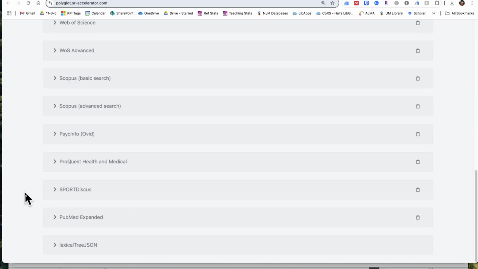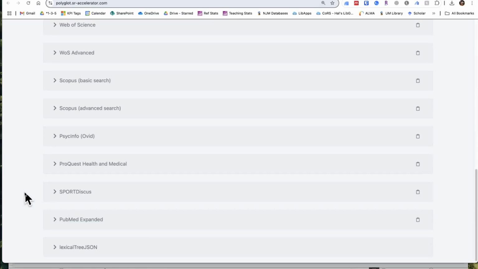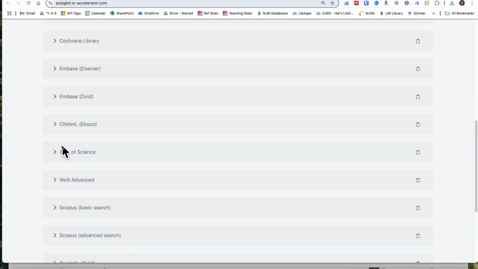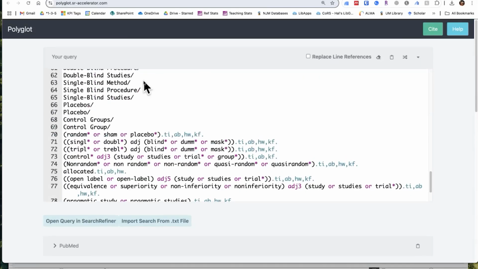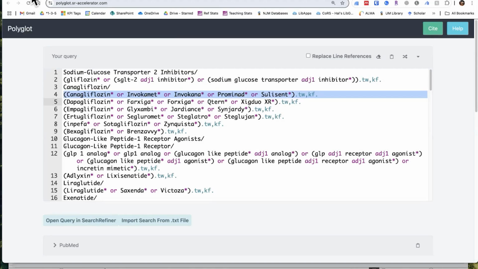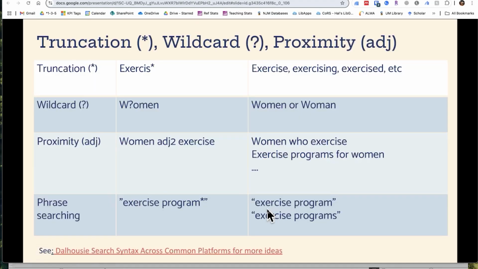I would say most of the big ones are here, especially if you're doing anything related to health, but it also has the sciences as well. My caveat is that it does not translate your subject headings. So that part you have to figure out on your own, but anything that is a keyword, you can just copy and paste. It just makes it a lot easier. So if you didn't know about that one, definitely use that.